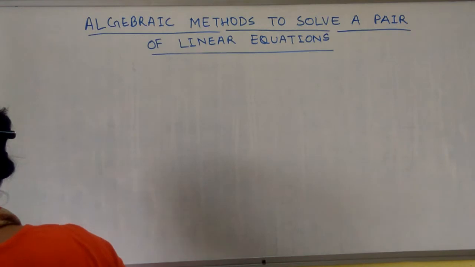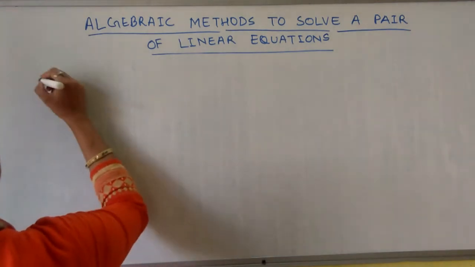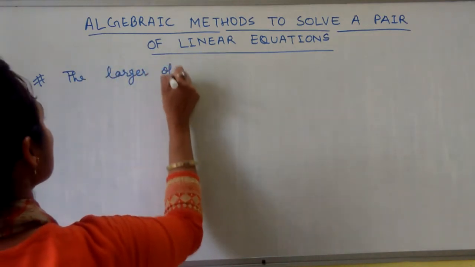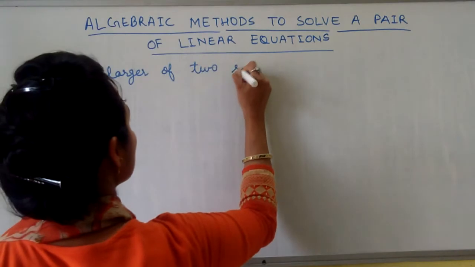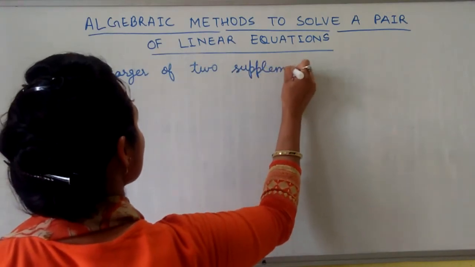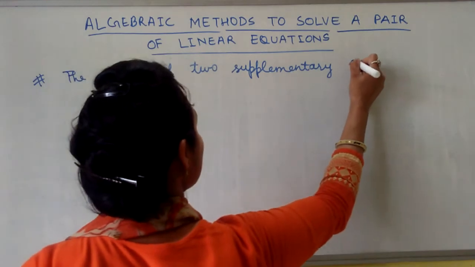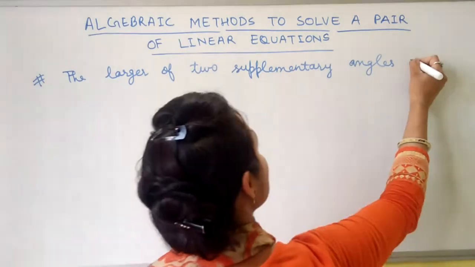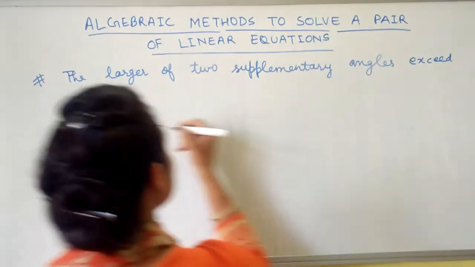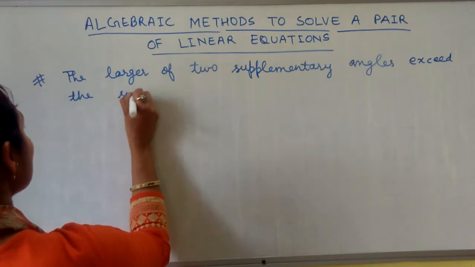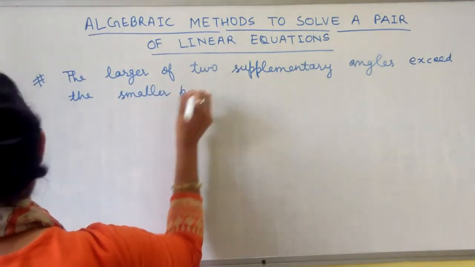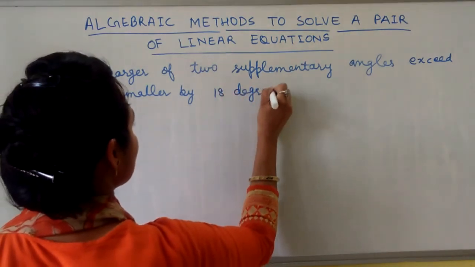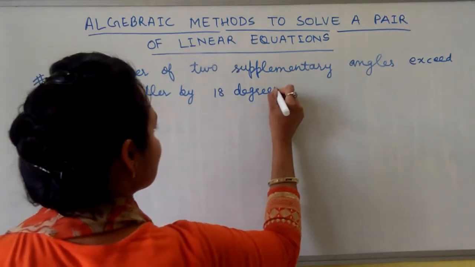The question is, the larger of two supplementary angles exceeds the smaller by 18 degrees.